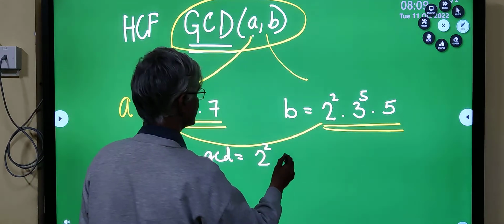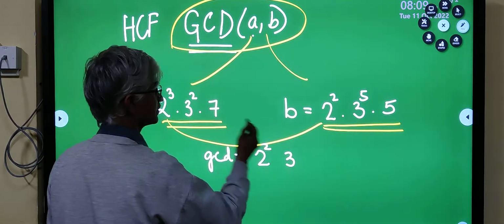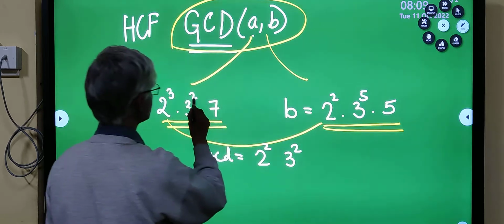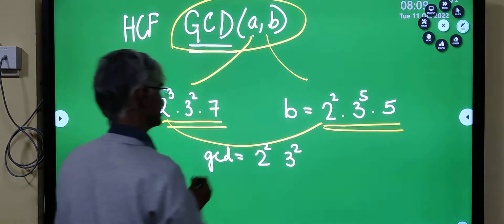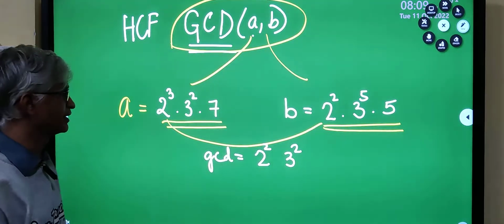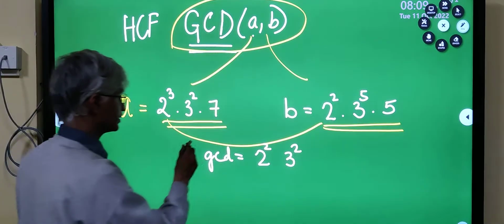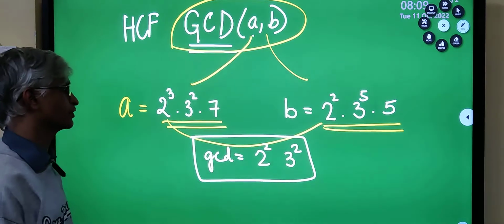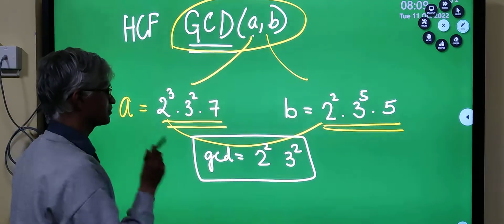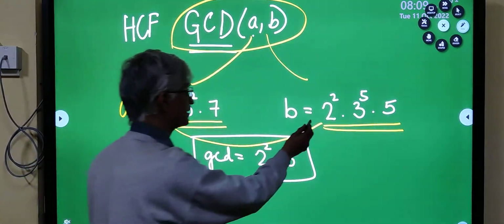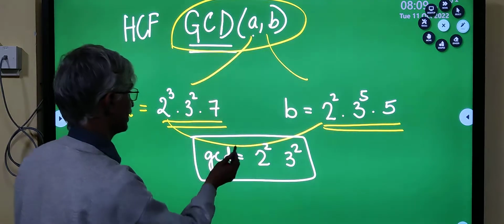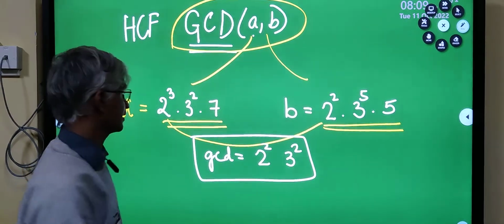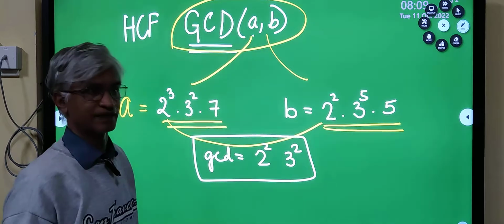And here 3 square, the minimum of 2 and 5. And this is the end. There is no other common prime factor. So this is the highest common divisor of both the two numbers. Definitely A is divisible by this number. Definitely B is divisible by this number. And this is the highest number that divides both these numbers.